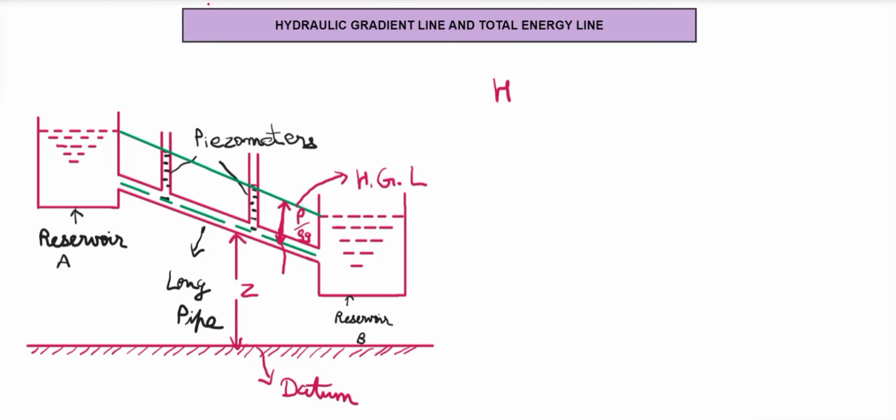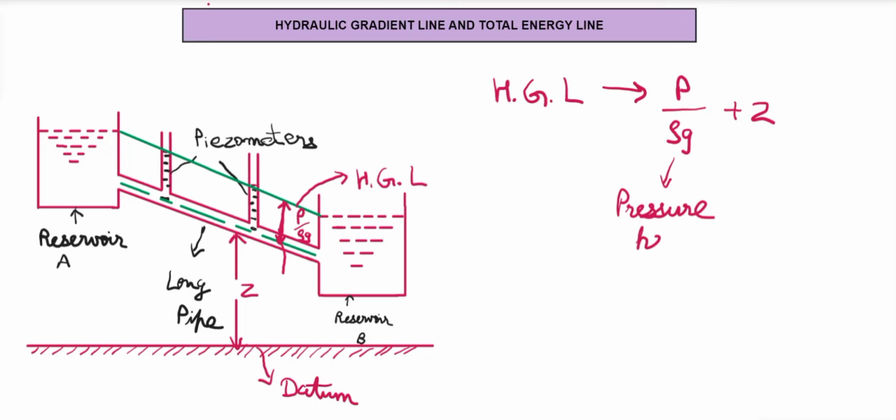And from this we can write that my hydraulic gradient line will be the sum of pressure head and the datum head, that is P by rho g plus Z. This P by rho g is my pressure head and Z is my datum head.